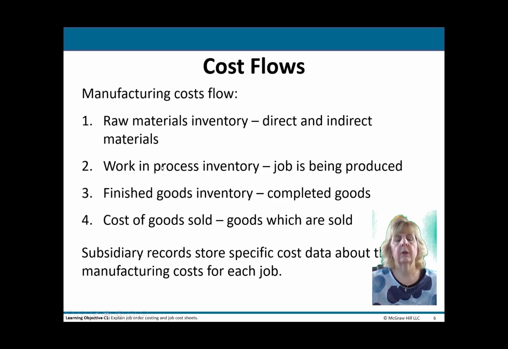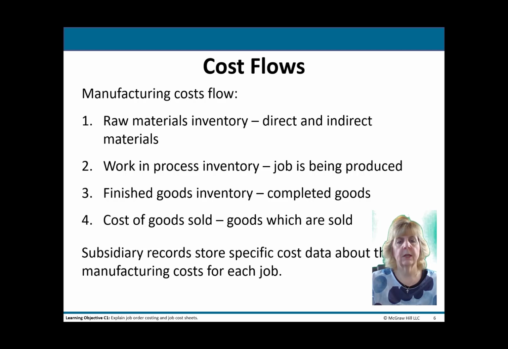We'll take a look at the largest asset account for most manufacturers, called WIP. We'll see how each job that is being produced will go through the factory and move from the balance sheet, eventually winding up on the income statement in cost of goods sold.